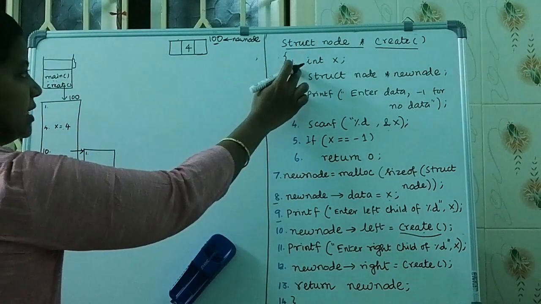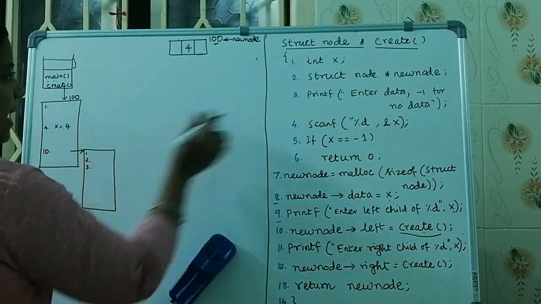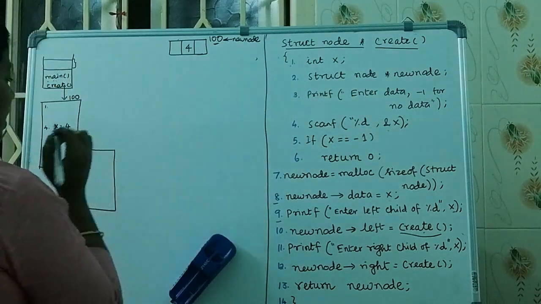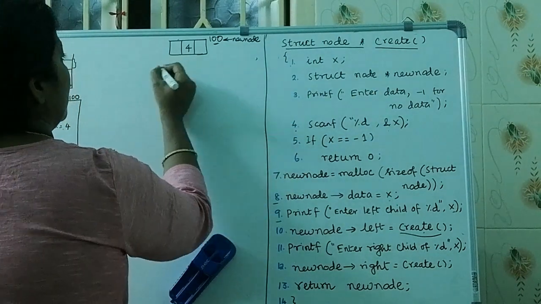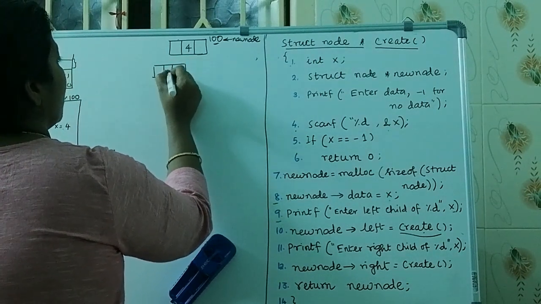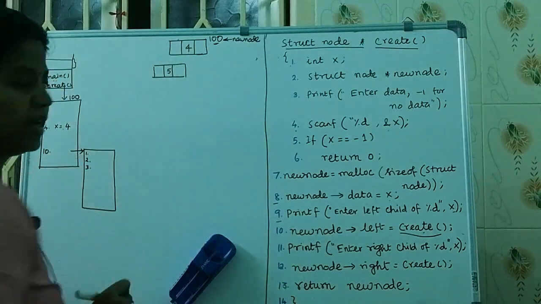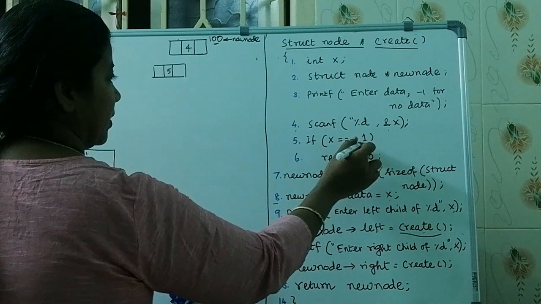Line number 1 gets initialized, line number 2 gets initialized. It will ask enter data. Now I am going to give the data, which is 5. So I want to create the node 5, and I want to make this 5 the left child of 4. Okay. So now, is x equal to minus 1?